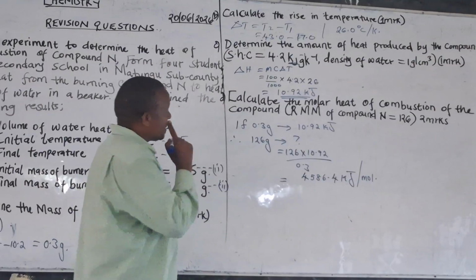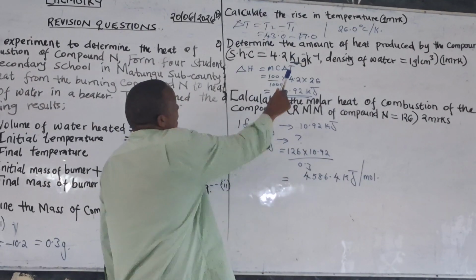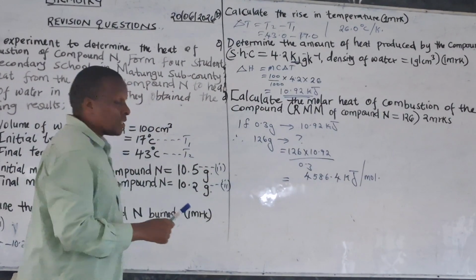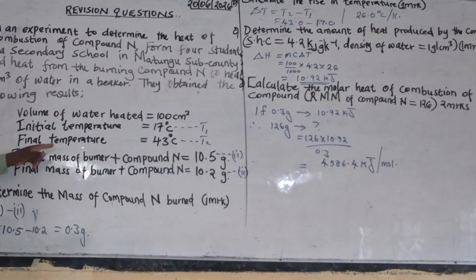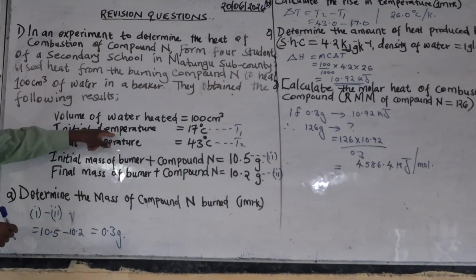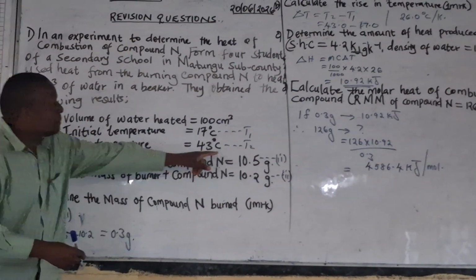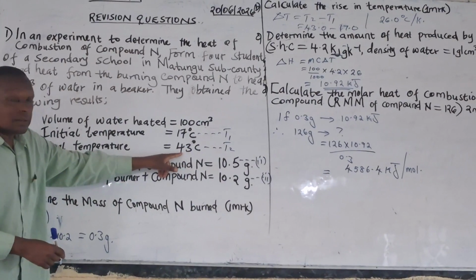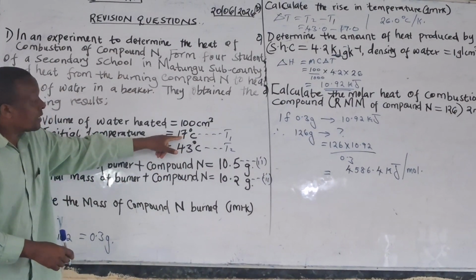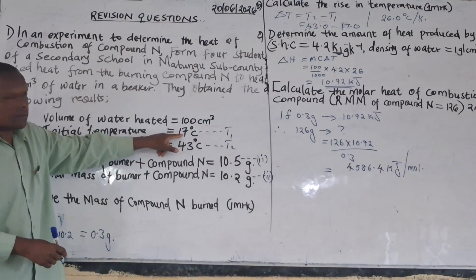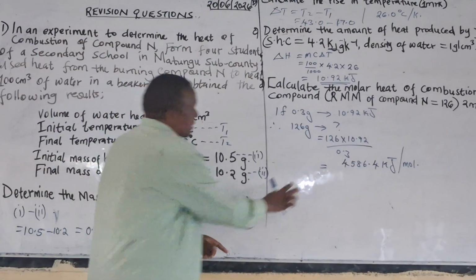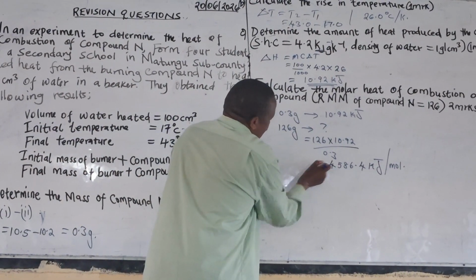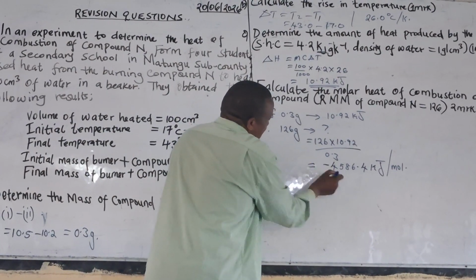So, for our case, this reaction is exothermic. How do we know that it is exothermic? It is because the final temperature is higher than the initial temperature. Temperature 2, which is 43, is higher than the initial temperature, which is 17.0. So you put a negative in front to show that this reaction is exothermic.